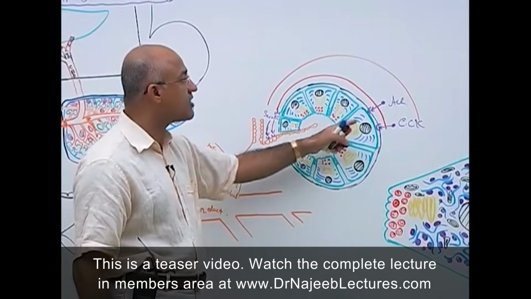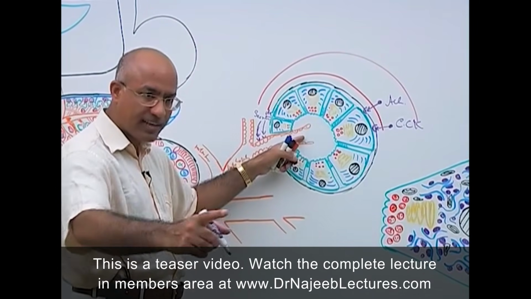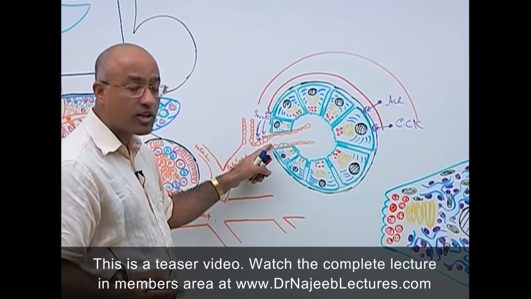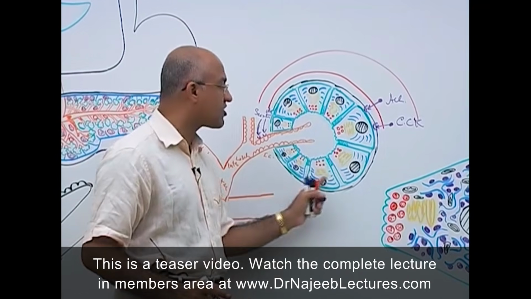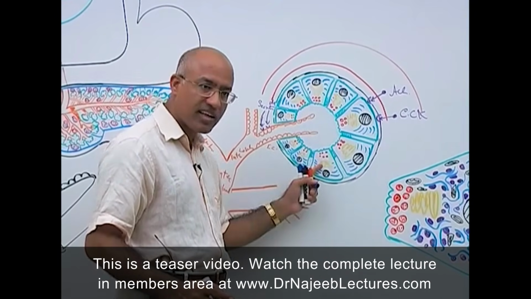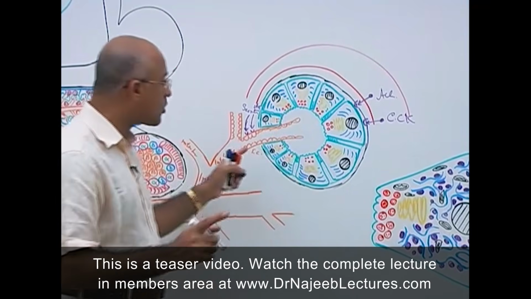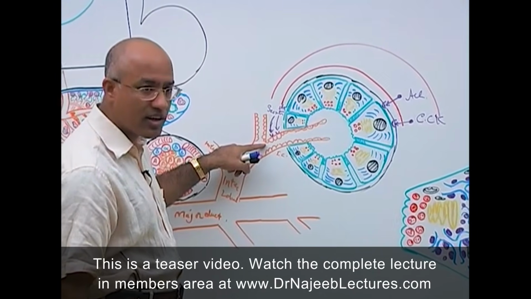So acetylcholine can stimulate the acinar cells and increase the release of enzymes, as well as stimulate the ductal cell and increase the release of bicarbonate. But cholecystokinin specifically stimulates, what is this? Acinar cells, and it produces enzyme-rich secretion, but cholecystokinin does not significantly stimulate the intercalated ductal cells.